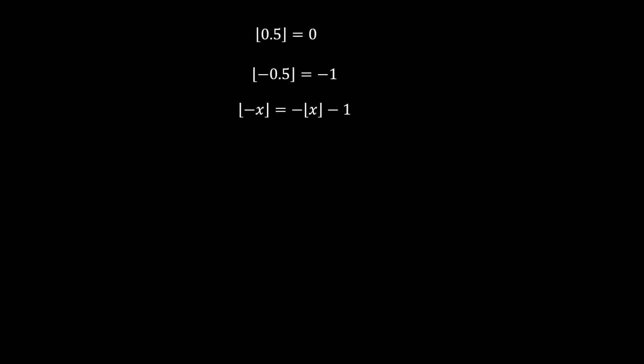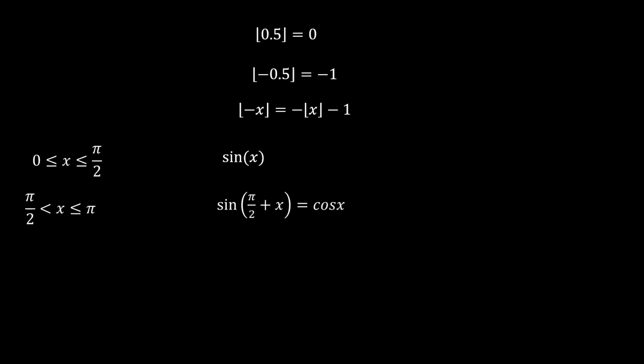And so since we have this oscillating function, I personally would approach it this way. I would look at from 0 to pi over 2, we have sine x. And then from pi over 2 to pi, essentially that is sine of pi over 2 plus x, which is cos x. So in that region, the function behaves like cos x in the first interval of 0 to pi over 2.